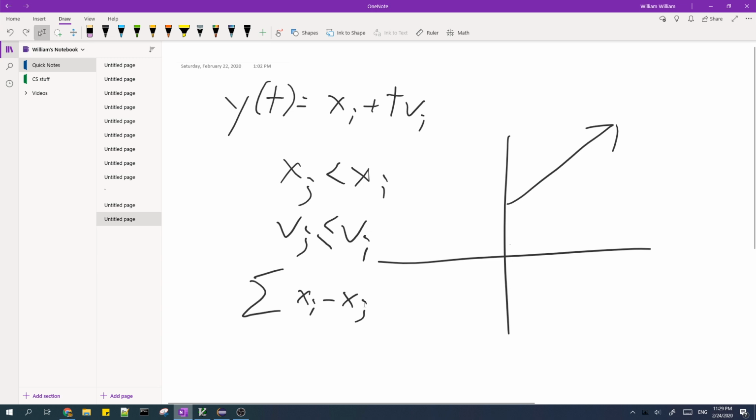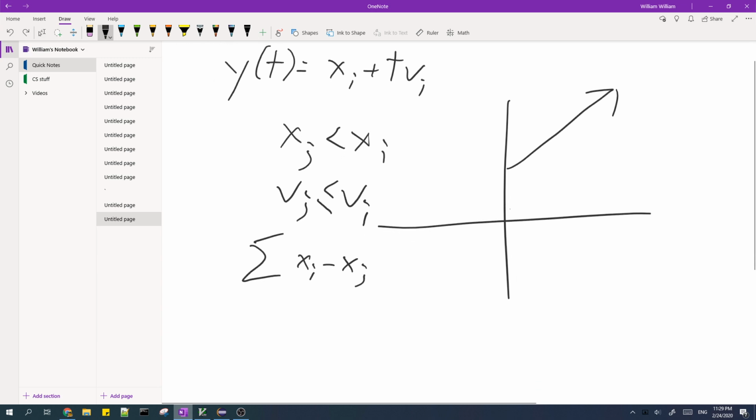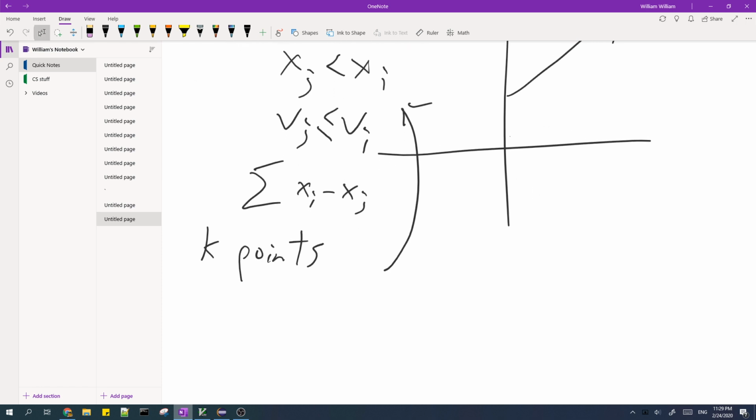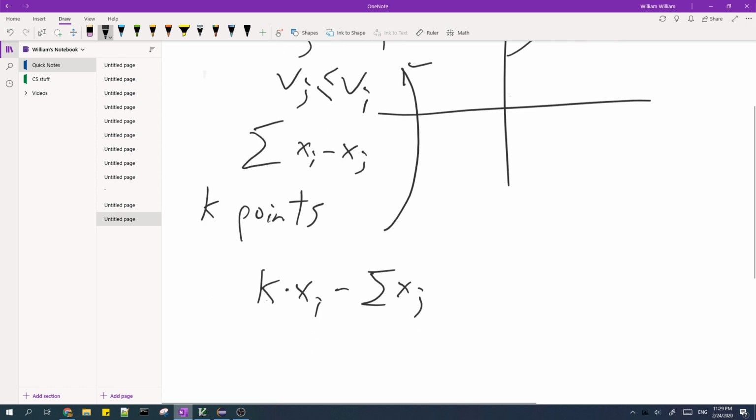Then using that, how do you find the sum of this? In fact, if we find that there are k points which satisfy the condition above, then we can rewrite our sum as k times x_i minus the sum of x_j.